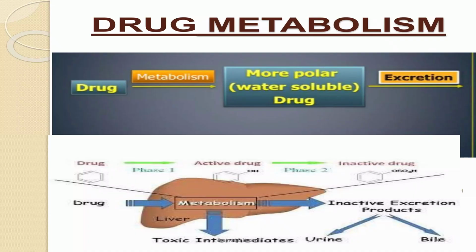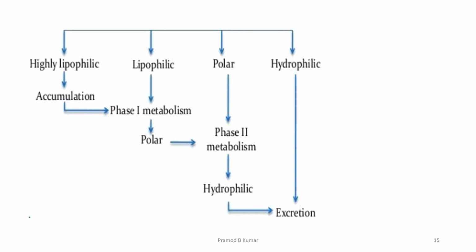In turn, the drug gets metabolized into a more polar substance, and the most important target is the liver, which metabolizes it, and the inactive form is excreted either through urine or through bile. As you see in this chart, highly lipophilic drugs get accumulated in the body, so they are slowly converted into more polar compounds by phase 1 metabolism.